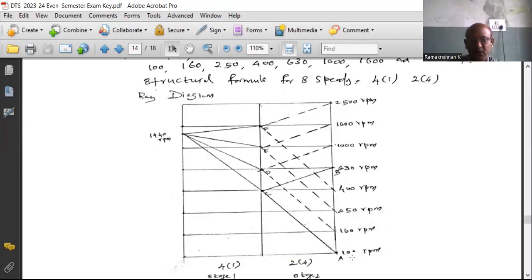By default, the lowest speed is considered as the 1 output speed, that is A, 100 RPM. Then one more output speed is to be found by skipping 4 speeds, 1, 2, 3, 4. Then you denote the letter B, that is 630 RPM. So for the second stage, the outputs are A 100 RPM and B 630 RPM.